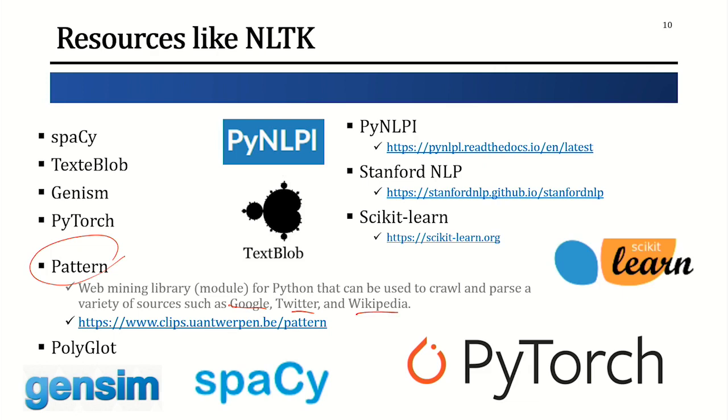So in case we want to retrieve some data from Twitter, we can use the web crawler to retrieve the information. However, we may need to get an access key from the Twitter developer account.